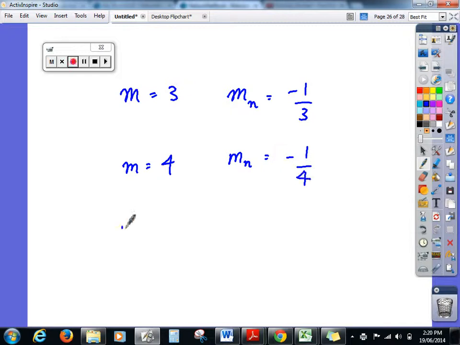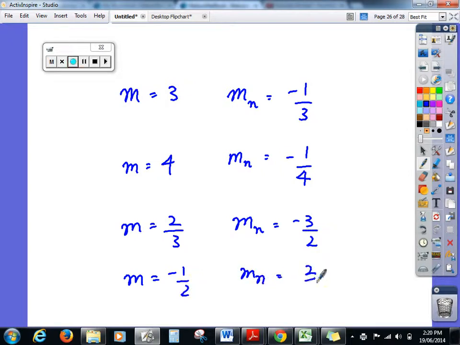If the original gradient was equal to 2/3, then the gradient of the normal would equal, the reciprocal is 3 on 2, and the negative. If the gradient was already negative, so -1/2, then the gradient of the normal would be, turning it upside down, 2 on 1, and negify the negative, so it becomes 2. Okay, all we need to do is use all this content with some examples.